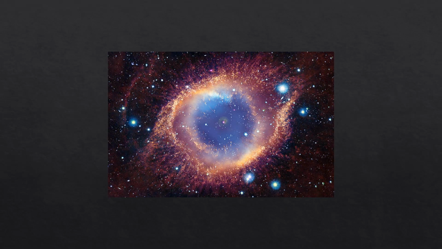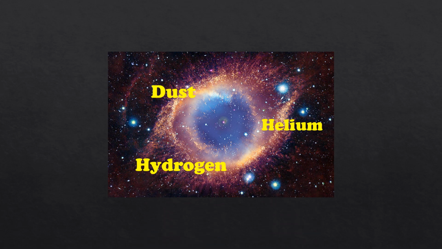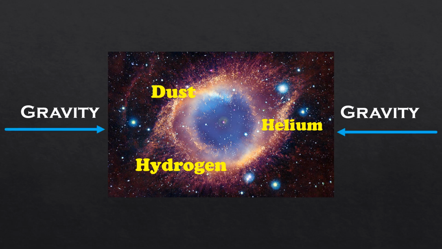Now here we can see a stellar nebula, which is basically just a cloud of dust and gases like hydrogen and helium in space. Obviously, like every other celestial body, the nebula also has gravity which pulls things towards it.